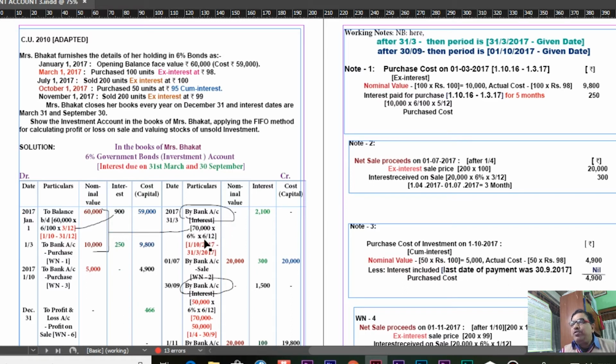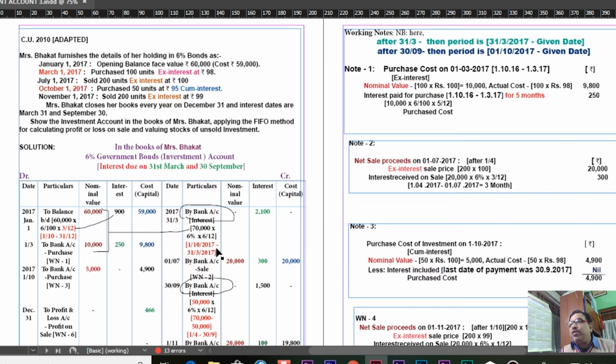And how to calculate? 60,000 was in the beginning and the next purchase was 10,000, therefore total 70,000, and you have to charge interest on rupees 70,000.